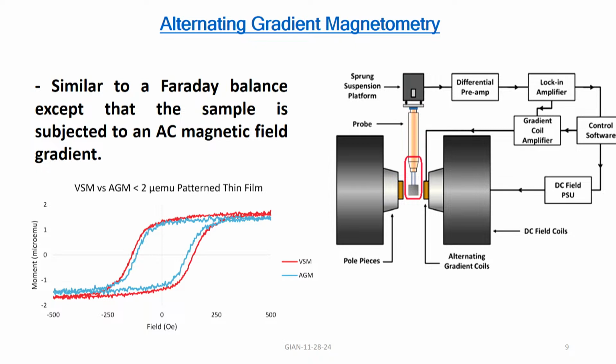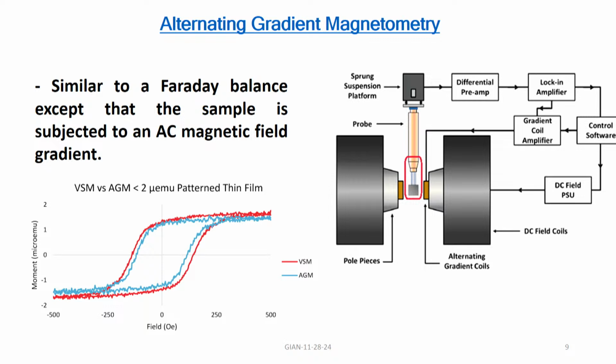Now, the alternating gradient magnetometer is similar to the Faraday balance. In the Faraday balance, there is a gradient acting on the sample. That is a DC gradient. It is a gradient in the DC or permanent magnetic field. Whereas in the AC gradient, there is a coil that would produce a gradient felt by the sample, which would change with time.